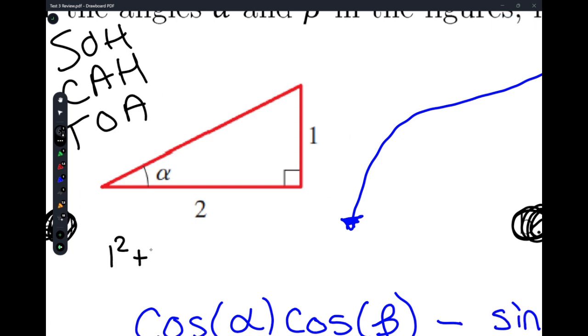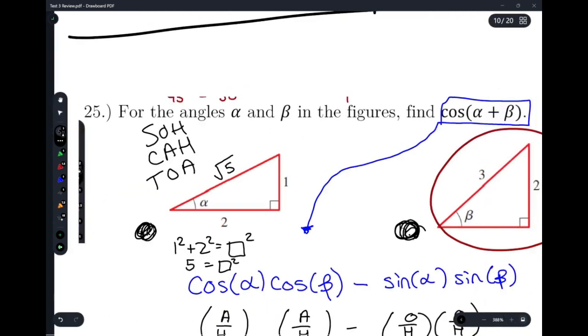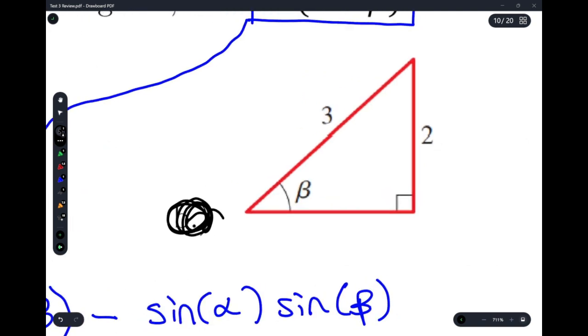You're saying 1 squared plus 2 squared equals blank squared? So 5 equals blank squared, so that side is root 5. Oh, this one did give us the hypotenuse. So this side is the square root of 9 minus 4, which is root 5.